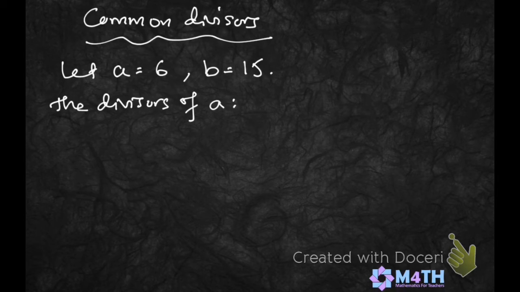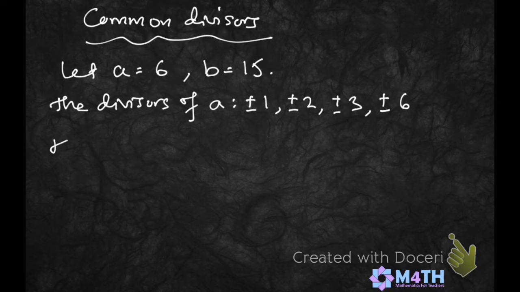The divisors can be either positive or negative. So we know 6 can be divided by 1 and negative 1, 2 and negative 2, 3 and negative 3, and 6 and negative 6.